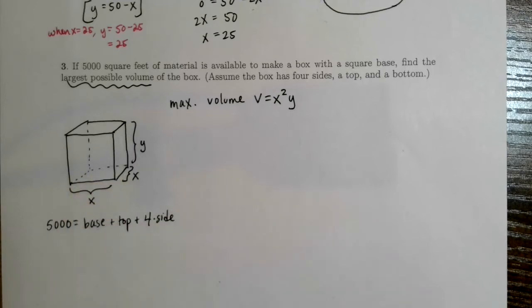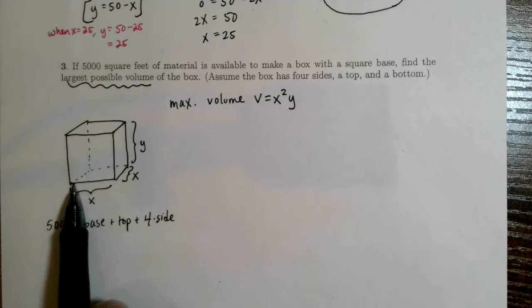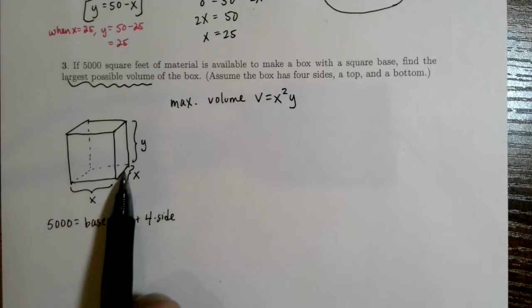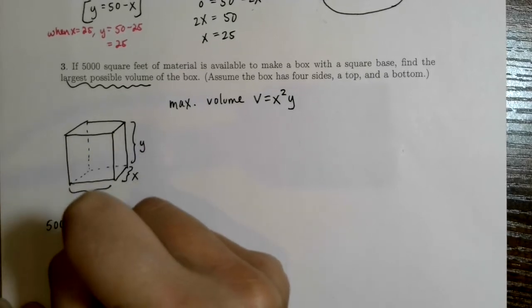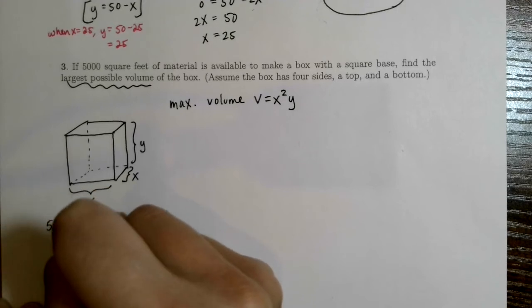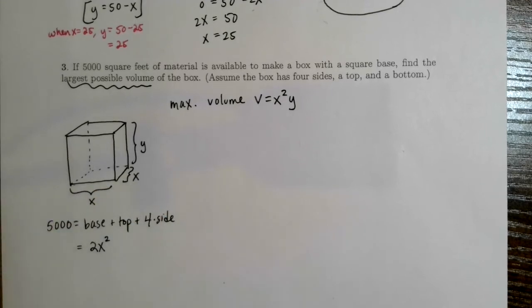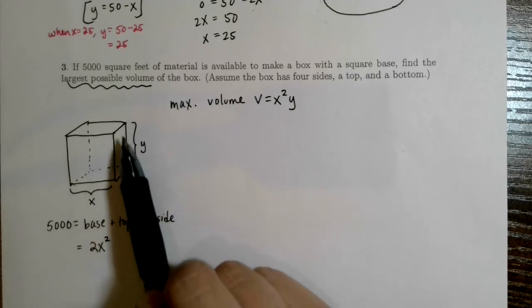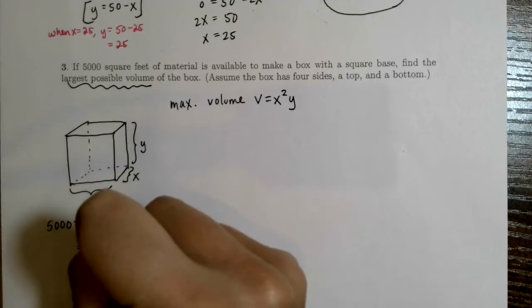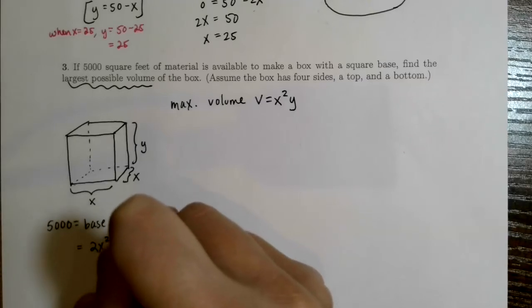All 4 sides have the same area. All right, so the base is X times X, that's its area, so it's X squared. And then the top is also X times X. So I'll say X squared, but instead of adding them together, I'll say 2X squared for the base and the top. Each side has a width of X and a height of Y. So that's plus 4XY.